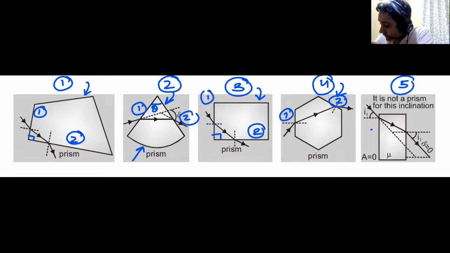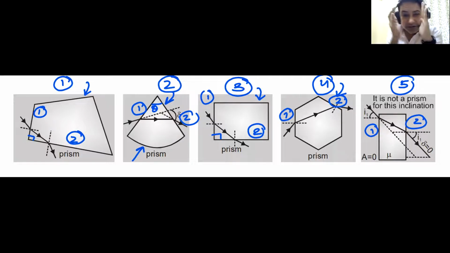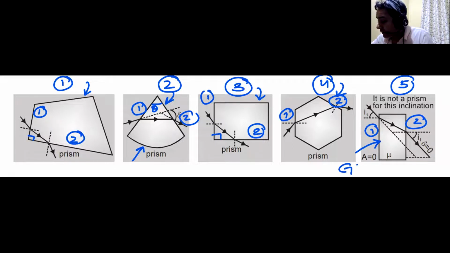Why? You can see surface number one, surface number two. There are two surfaces. The two surfaces are plane, but they are parallel to each other. If the surfaces are parallel to each other, the arrangement is not a prism, it becomes a glass slab. So this is behaving as a glass slab.